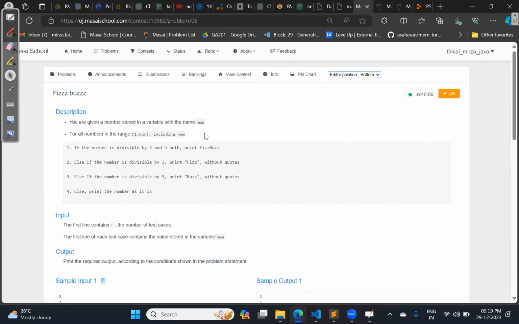Now, let us take one question from the previous evaluation. How many of you have solved this fizz buzz question? And how many of you haven't or are not able to solve it? Who is not able to solve this can raise the hand. We will try to solve it together.